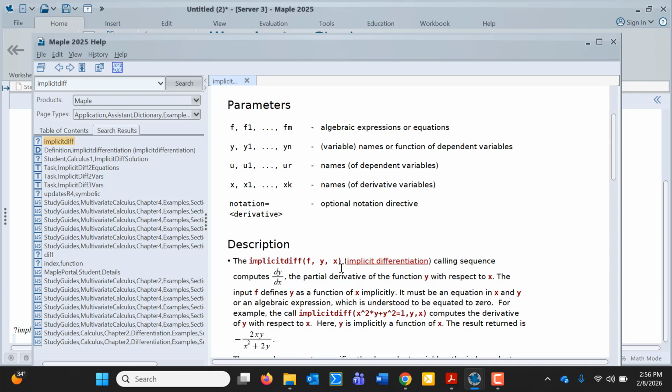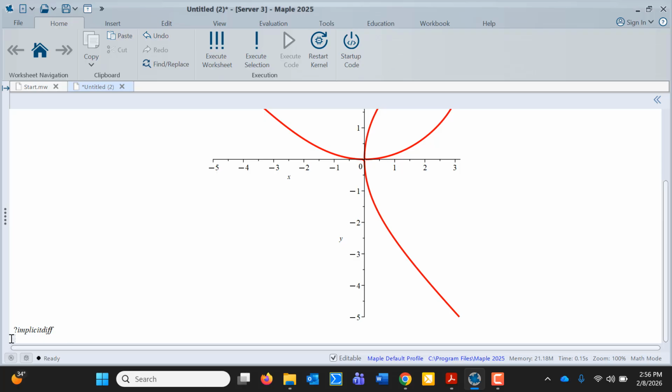Okay, so using that little question mark can be helpful if you've forgotten how exactly you're supposed to type this in. So I'm going to remove that question mark, and now after implicit diff, I'm going to do parentheses, and we would want to list the function first.